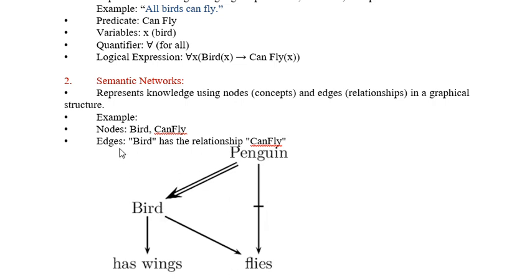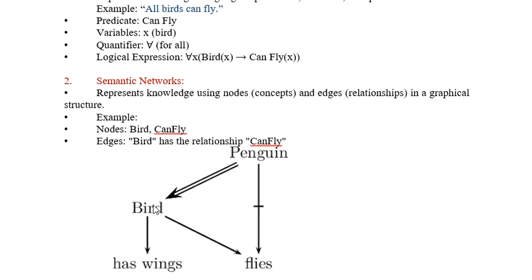Okay, let's see the example. We have nodes and edges in the semantic network. What are the nodes over here? We have bird, penguin, flies, and has wings as the nodes, the main concepts. And what is the edge? It means what is the relation between them. Now look here.